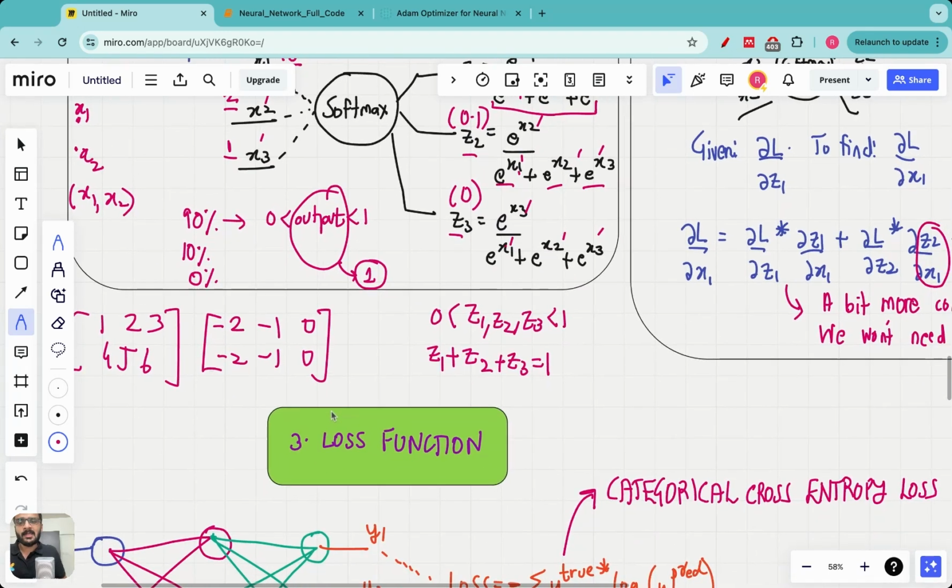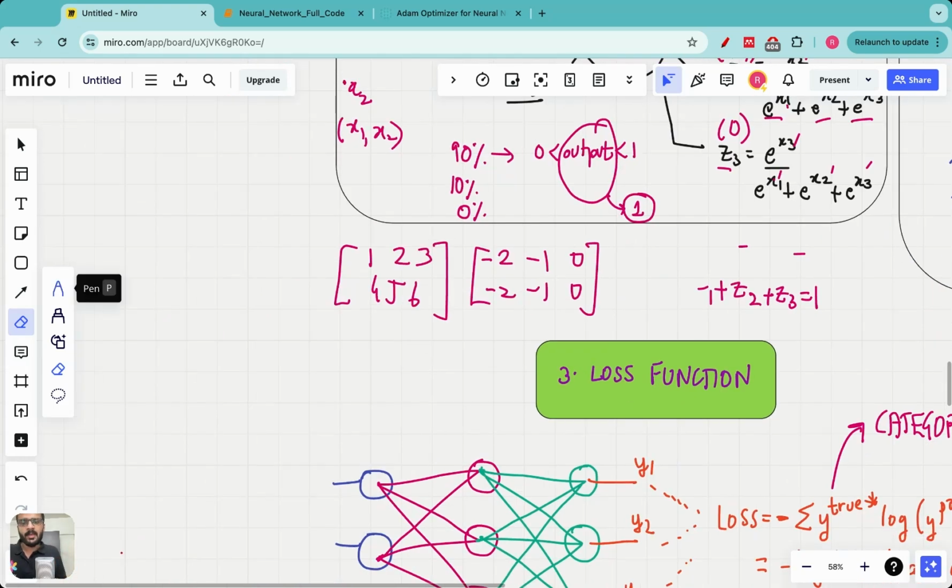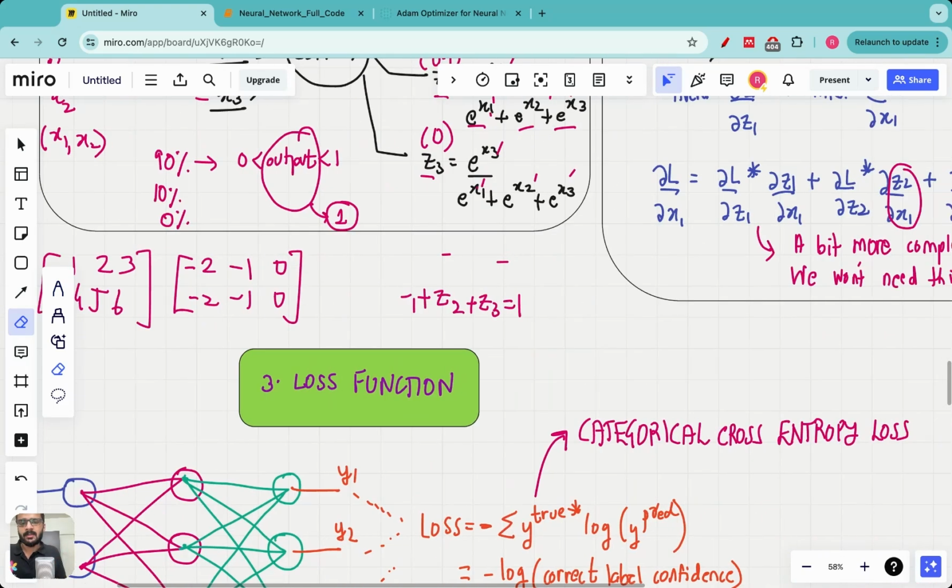Then we will be doing the exponent operation on each of the entries.